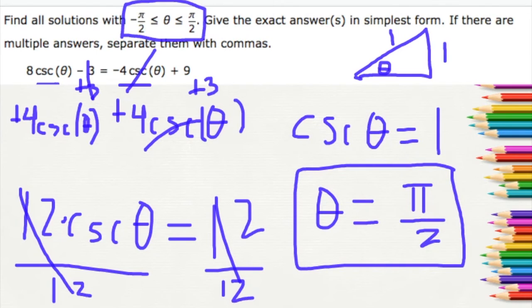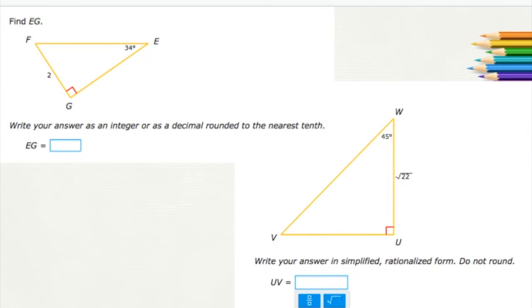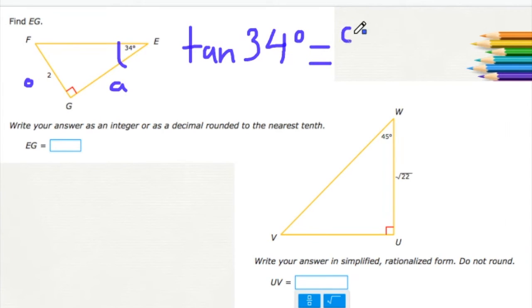For these problems here, you need to find the side length. What you do is you find the angle and look at the side lengths. It is opposite divided by adjacent, so we will use tangent of 34 equals opposite divided by adjacent, and we know that the opposite side is 2, so it will be 2 divided by a.